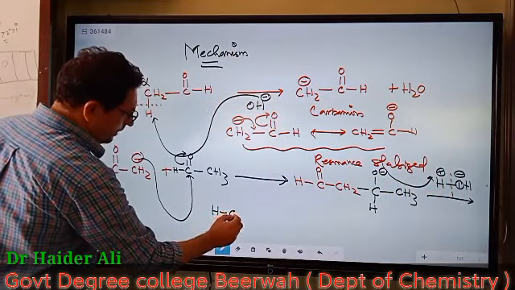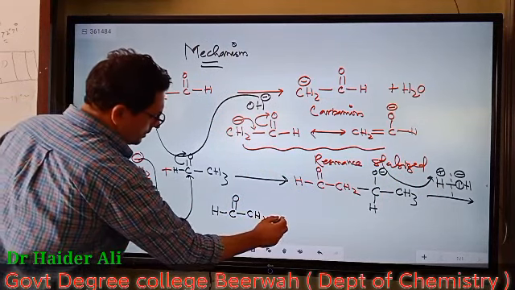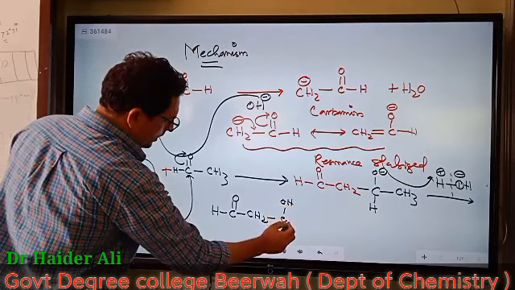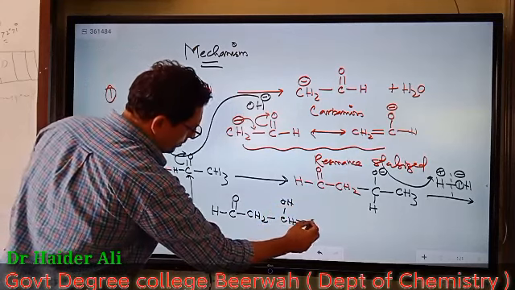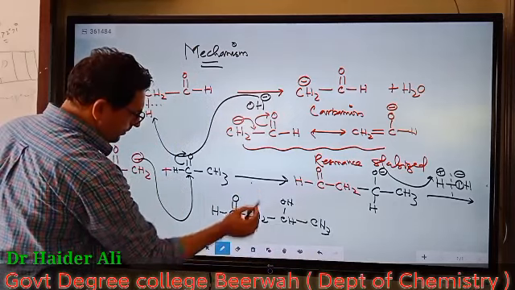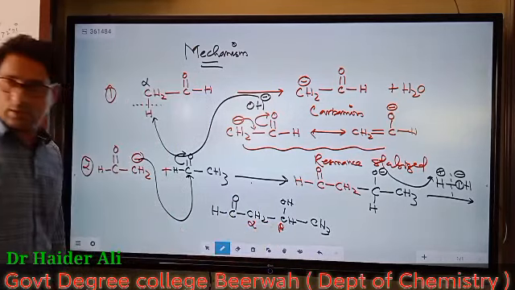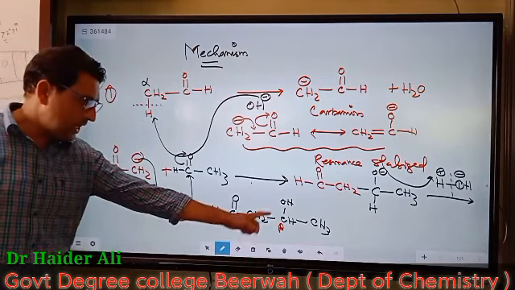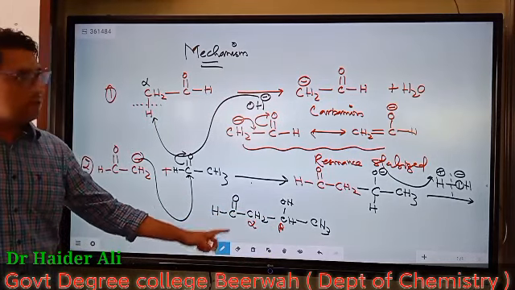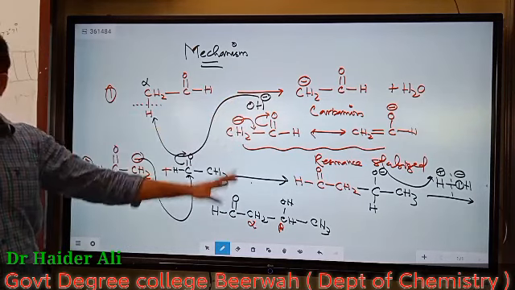H, C double bond O, CH2, C O H, H, ये वाला H single bond CH3. Fine. Now look at this molecule. This is alpha carbon. This is beta carbon. Now this is beta hydroxy aldehyde. Look at this and earlier product जो हमने बनाया. Fine. They are quite similar.